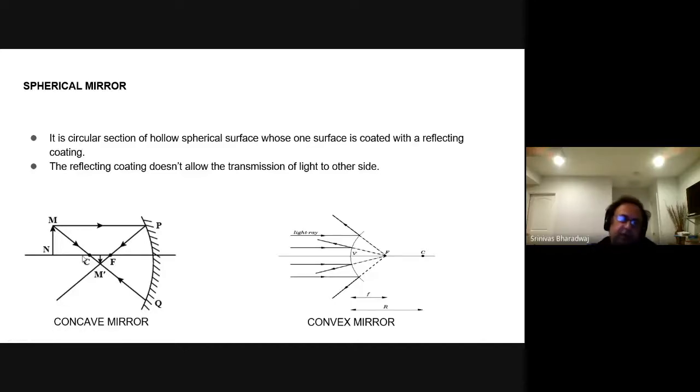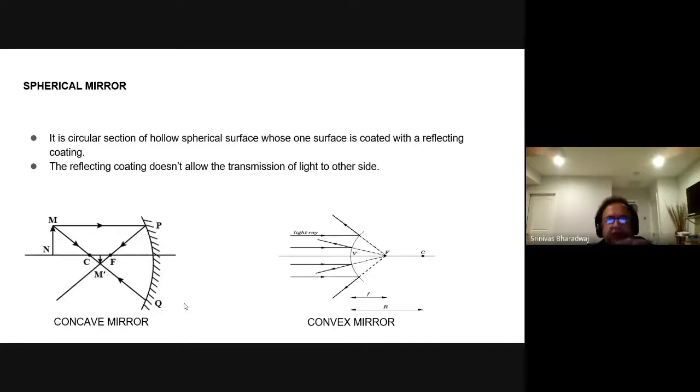And similarly, CPF will equal MPC. So why is that? Because C is the center of the circle, and if you draw a tangent here, that tangent will be 90 degrees from CP, from what you learned in geometry. That's the geometry of a circle.